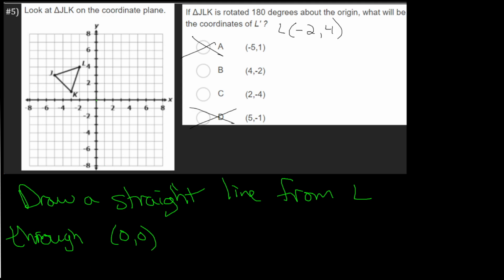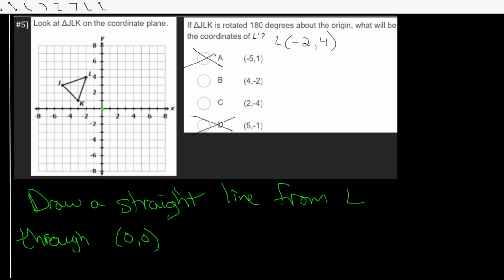So I can draw a line through the origin. If I draw that straight line, it will tell me where my new point is going to be. So I can go from L the whole way through. As long as it's on that line, I know I'm good.